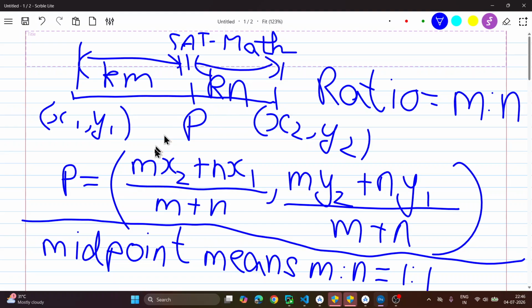So we have this formula. The point P is equal to (mx2 plus nx1) by (m plus n), comma, (my2 plus ny1) by (m plus n). So midpoint means m is to n is 1 is to 1. This is the midpoint, right? So both will be equal distance, right? So that's 1 is to 1.